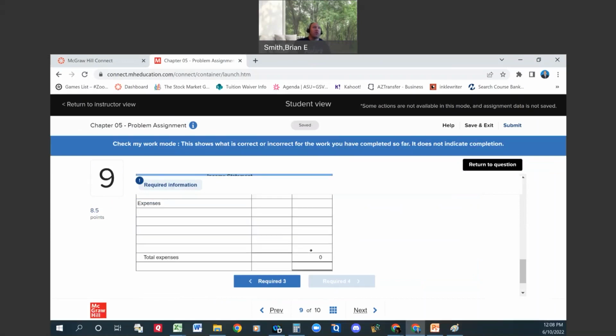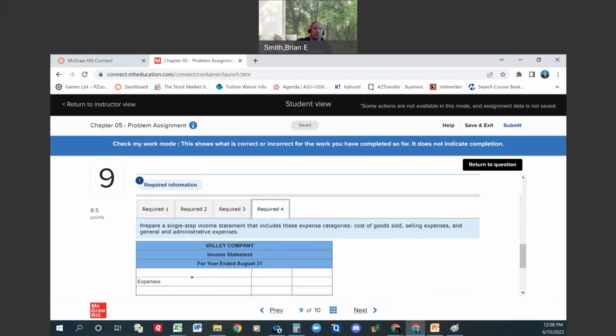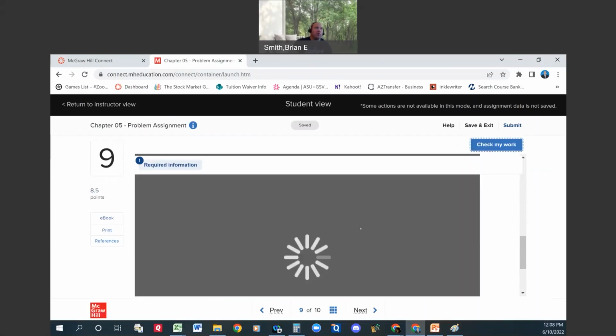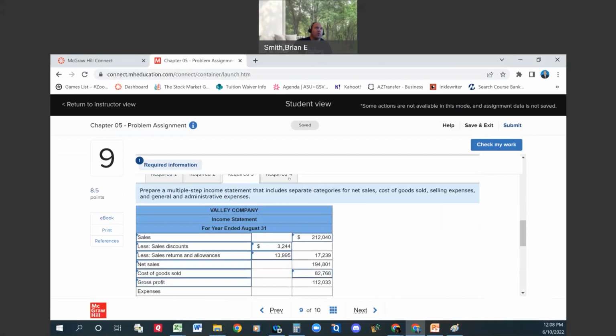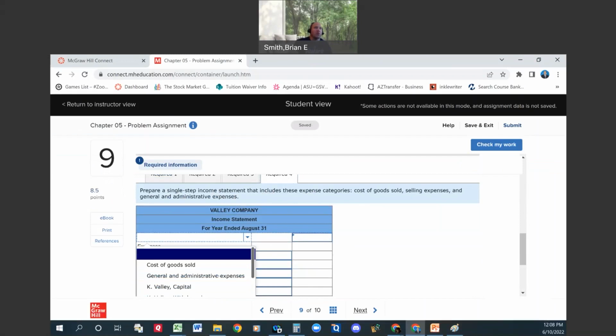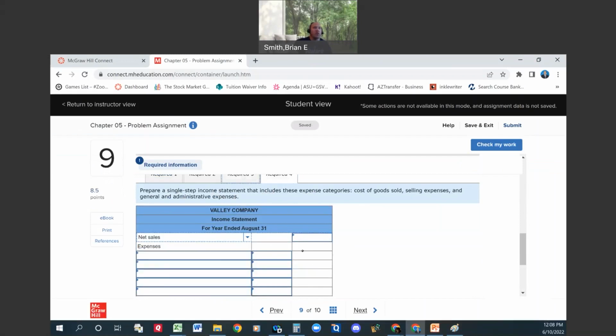Okay, this is just the single step income statement, right? This one's just what you're used to, okay? So we're going to go over here. We're just going to do net sales, which we already calculated. I'm not going to reinvent the wheel. Net sales is 194,801.